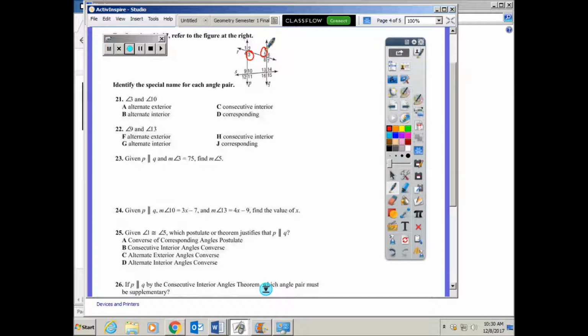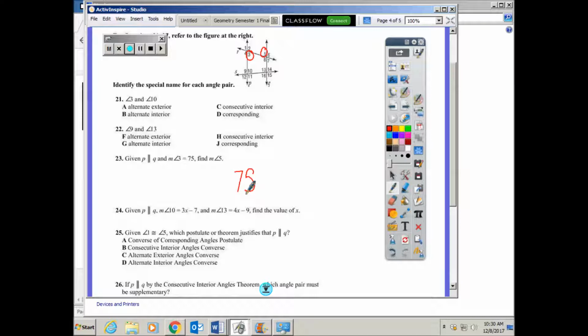Well, if the lines are parallel, those are alternate interior angles, correct? And so those angles are congruent. So if the measure of angle 3 is 75 degrees, the measure of angle 5 is also 75 degrees.